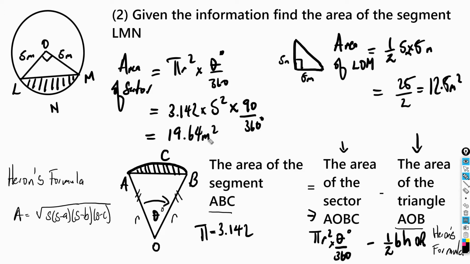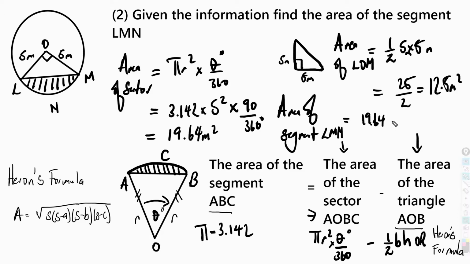Since we end up with this as the area of the sector and this is the area of the triangle, all we need to do to find the area of the segment LMN is 19.64 minus 12.5, in meters.